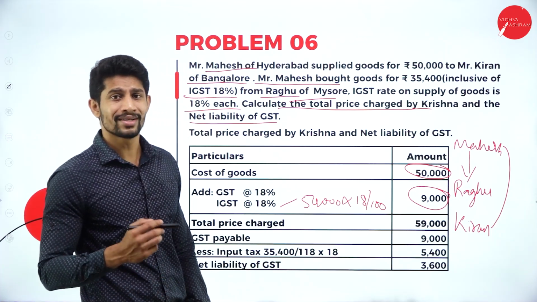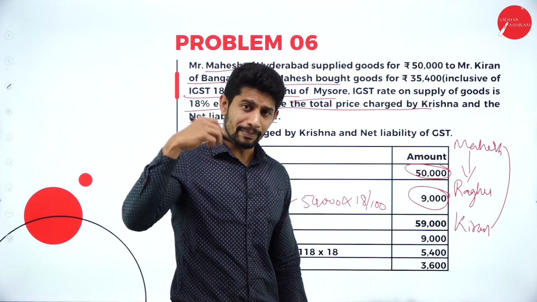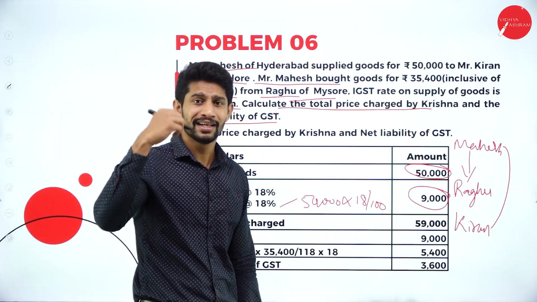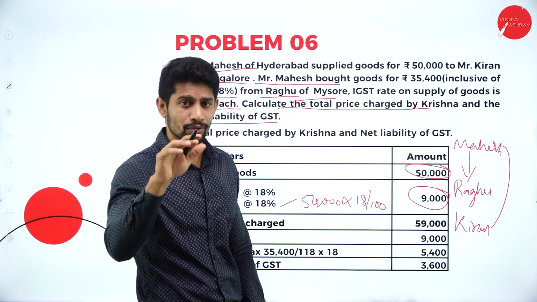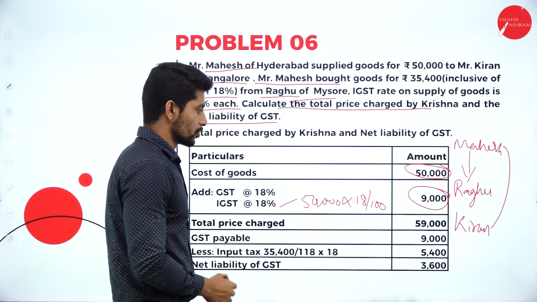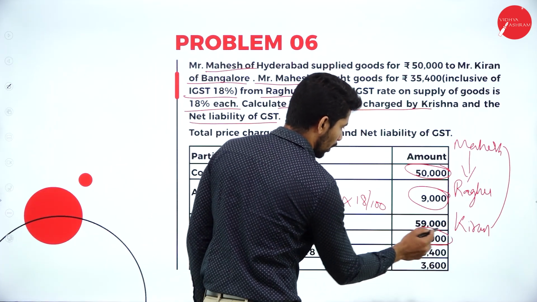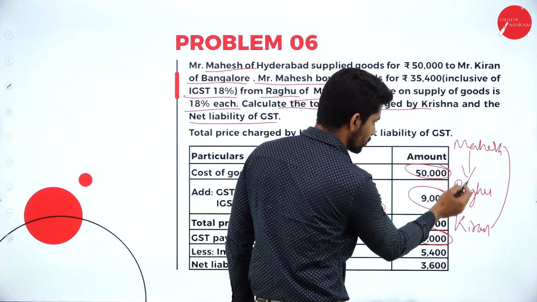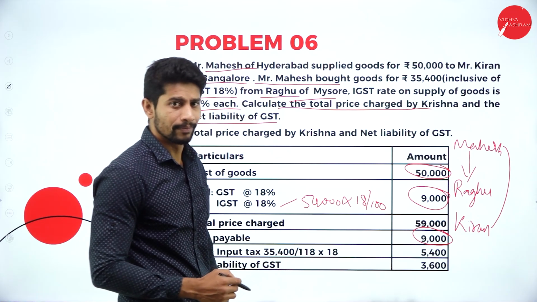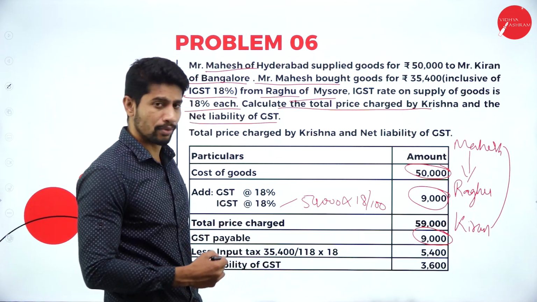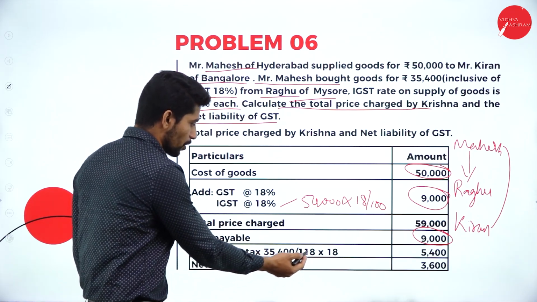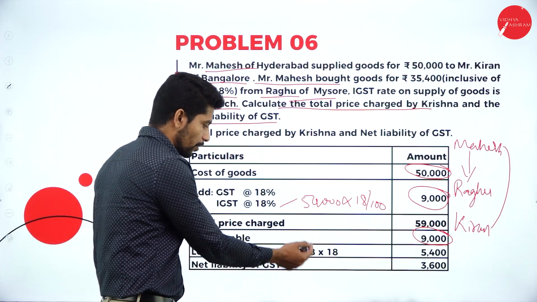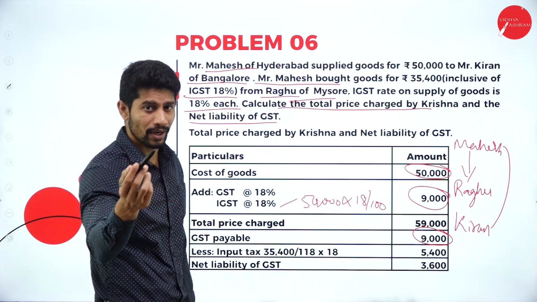So now, what is the net GST payable by Mr. Mahesh, or what is the net GST supposed to be remitted by Mr. Mahesh to the GST authority? So here 9,000 on 50,000. But at the time of purchasing the goods from Mr. Raghu, Mr. Mahesh has already paid some amount, right? On 30,000, he already paid 18%. So if 35,400 is for 118%, what is the value for 18%?